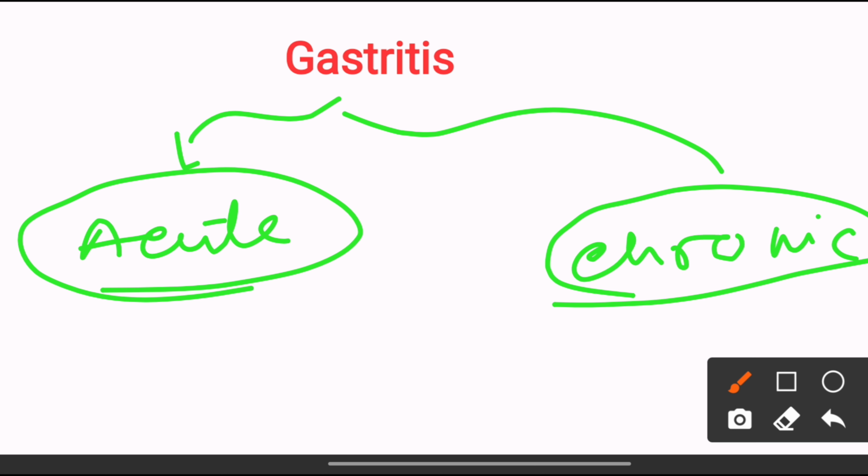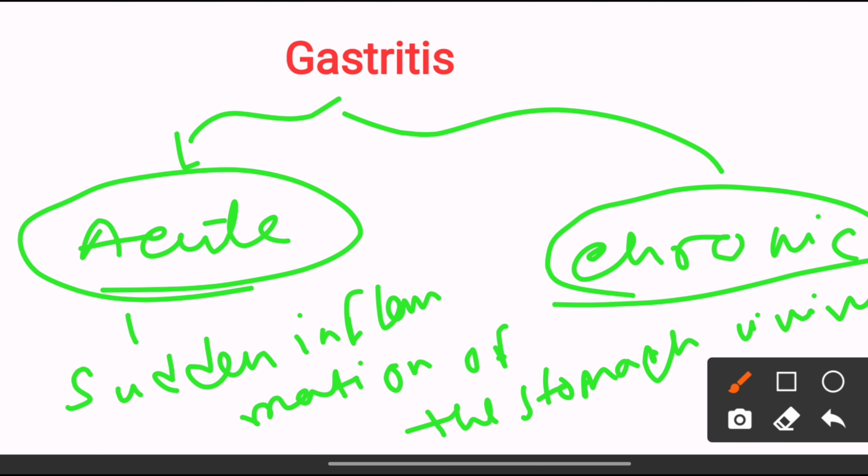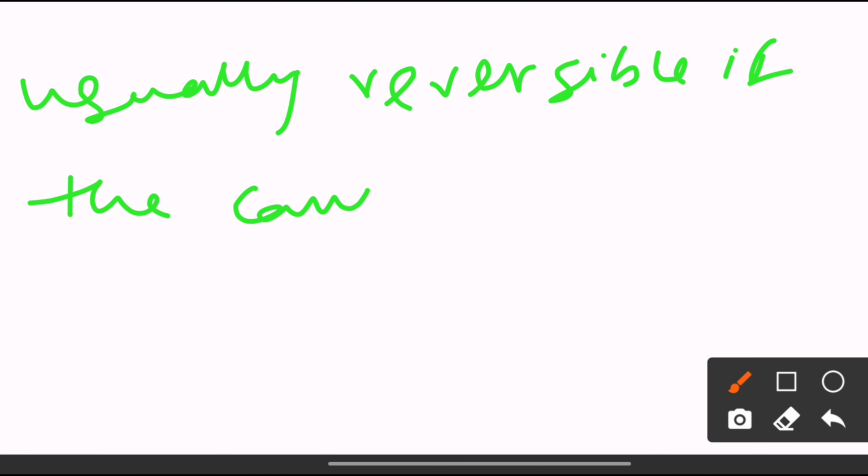Sudden inflammation of the stomach lining, known as acute gastritis. It is usually reversible if the cause is removed.